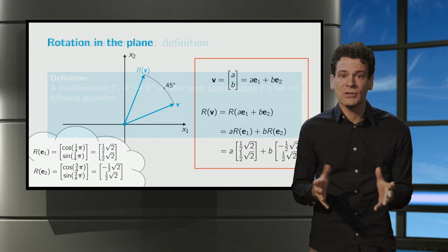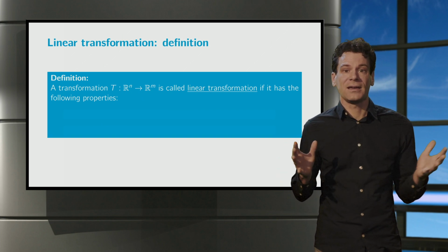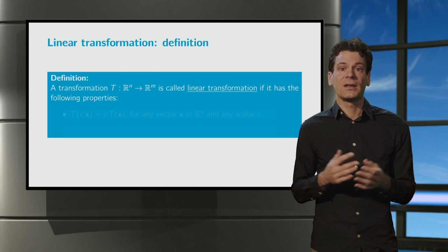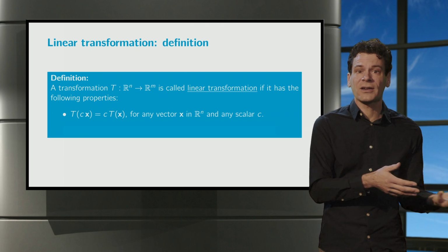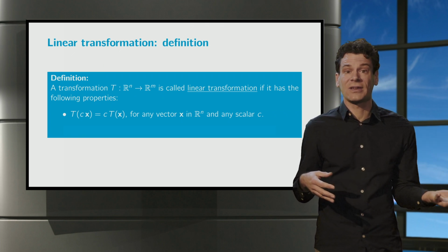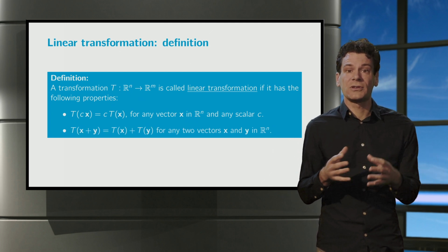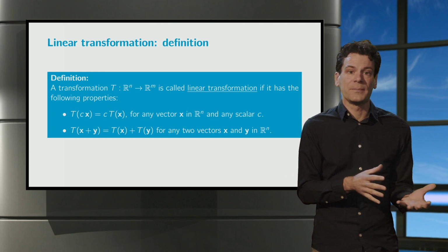To be precise, a transformation T from Rn to Rm is called a linear transformation if it has the following properties. T of c times x equals c times T of x for any vector x and any scalar c, and T of x plus y equals T of x plus T of y for any pair of vectors x and y.